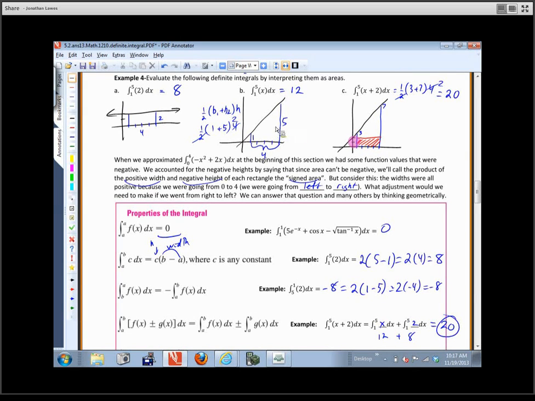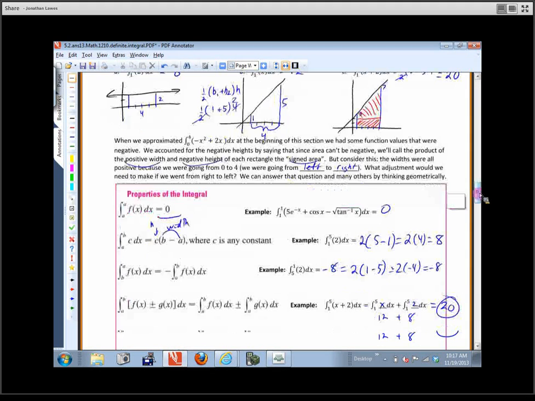If I then stack this trapezoid on top of that, I'm literally adding the two areas together. So I took these two pieces, put them together. It works whether I do it all together and find it geometrically like this, or if I find the two separate pieces and then add them together. Again, geometrically, they'd just be stacked on top of each other. Any questions there?